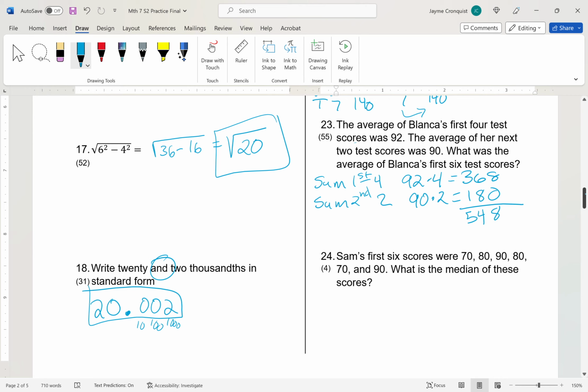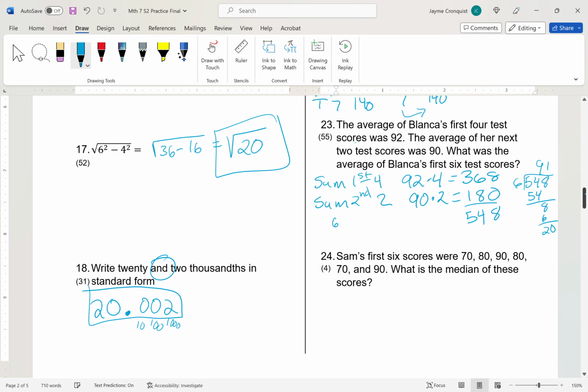Okay, so, sorry, not by 4, by 6. Actually, maybe I'm going to do it over. I'm going to make that line smaller so I have space over here. So I have 548 divided by 6. 6 goes into 54 9 times. Bring down the 8. 6 goes into 8 once. 2.